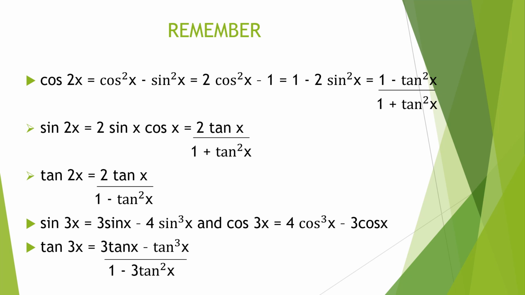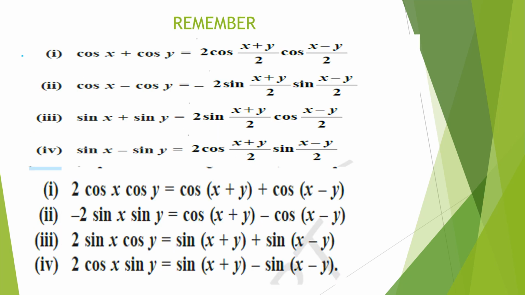Tan 2x is 2 tan x upon 1 minus tan square x. Sin 3x is 3 sin x minus 4 sin cube x, and cos 3x is 4 cos cube x minus 3 cos x. Similarly, tan 3x is 3 tan x minus tan cube x upon 1 minus 3 tan square x.